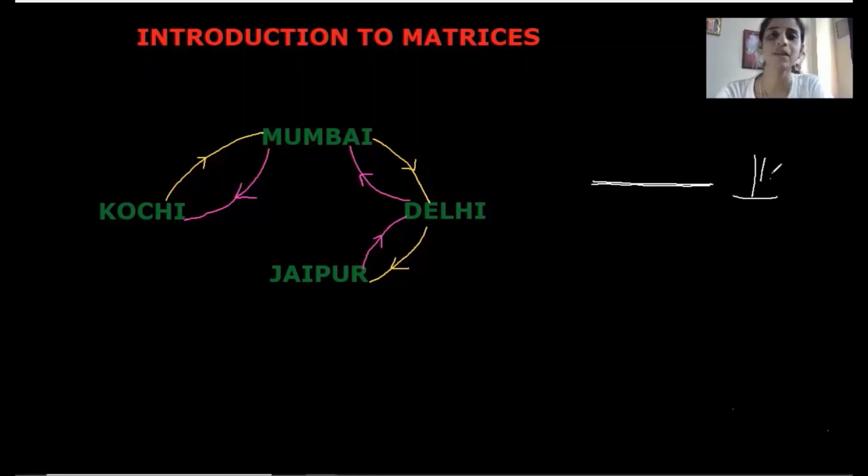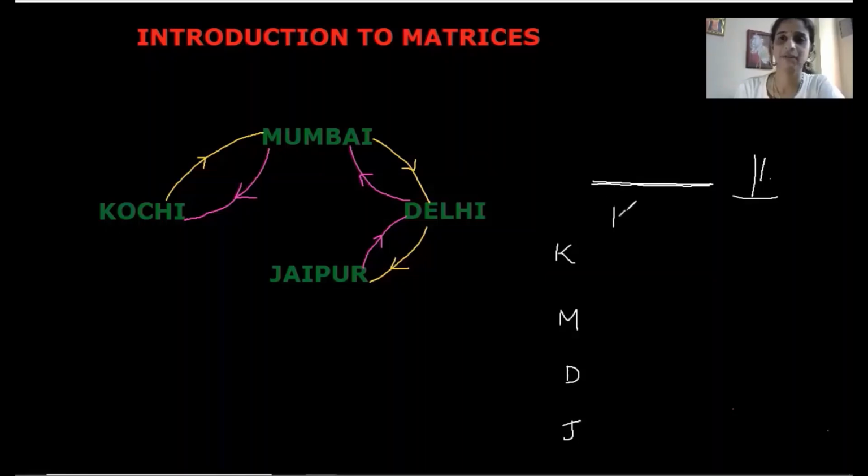Okay. So here we have to construct a table using these 4 airport names as rows and columns. Let's start this. So at first, we have this Kochi, Mumbai, Delhi, Jaipur as the row names.